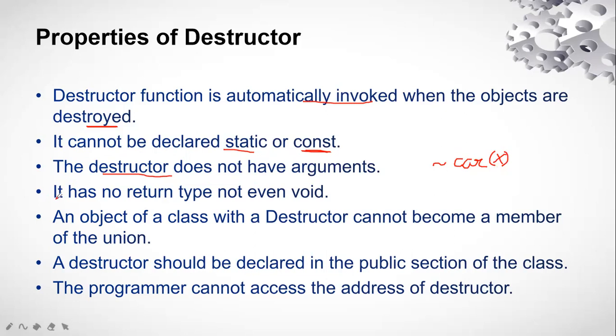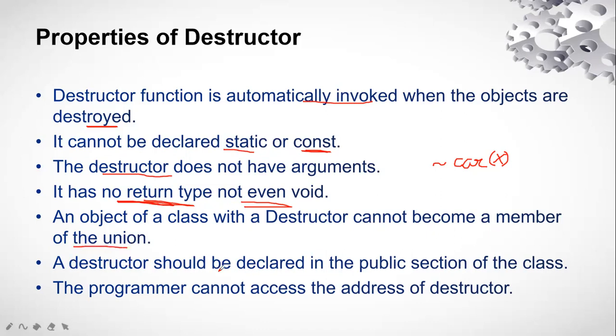Next, same as the property of constructor, this particular function does not have any return type, right? Or not even the void. As we all know, constructor is also not having any return type. Same way, the destructor is also not having any return type or not even the void. Next, an object of a class with a destructor cannot become a member of the union, right?